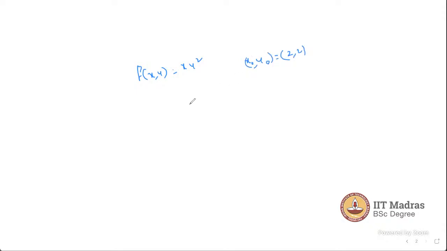Now del f of x: for x y square, we do the partial derivative with respect to x, which gives y square, and the partial derivative with respect to y gives 2xy. If you substitute the values of x0 comma y0 here, we get y square as 4 and 2xy as 8. So this is the value of del f of x.